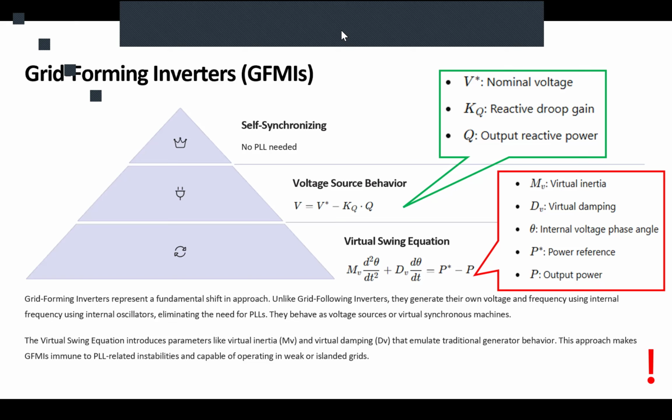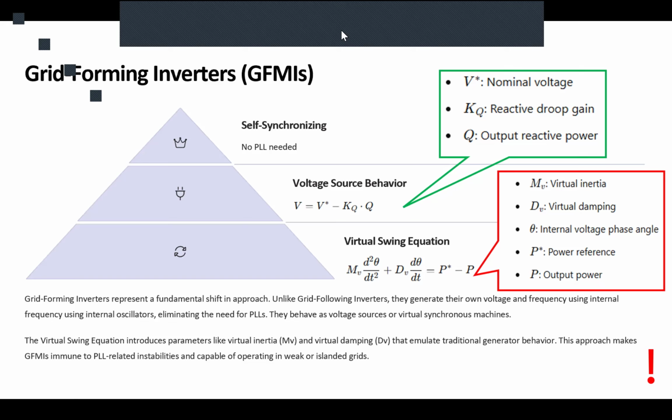But here, we define it differently. Back then, we knew that the swing equation is affected by the PLL, so it was very easy to incorporate the PLL specification and define exactly what the swing equation is.